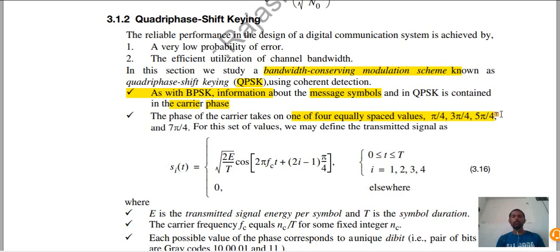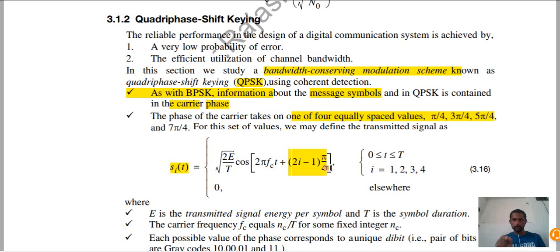For this set of values, we may define the transmitted signal as s_i(t) equal to square root of 2E by T, cos of 2 pi fc t plus (2i minus 1) times pi by 4. Up to the previous part it is the same as BPSK.